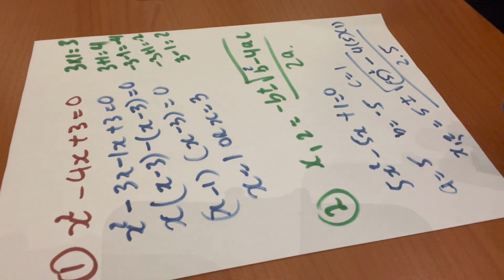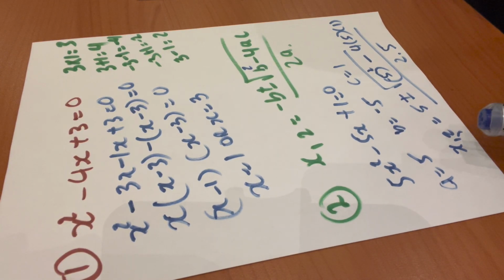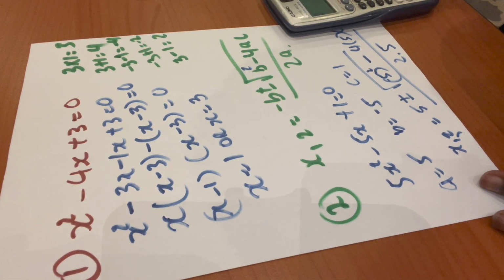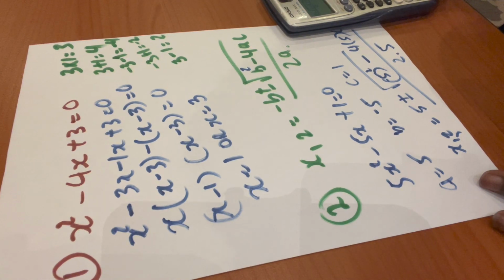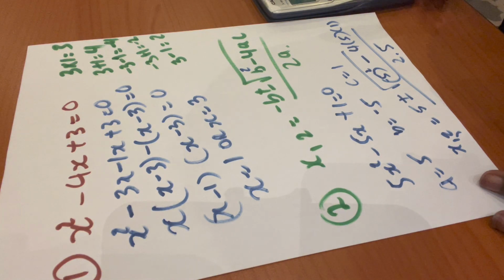Once I have written this down, I just put it into my calculator. Since we were asked to give the answer correct to 2 decimal places, I go 5 plus the square root of minus 5 squared minus 4 times 5 times 1, divided by 2 times 5.